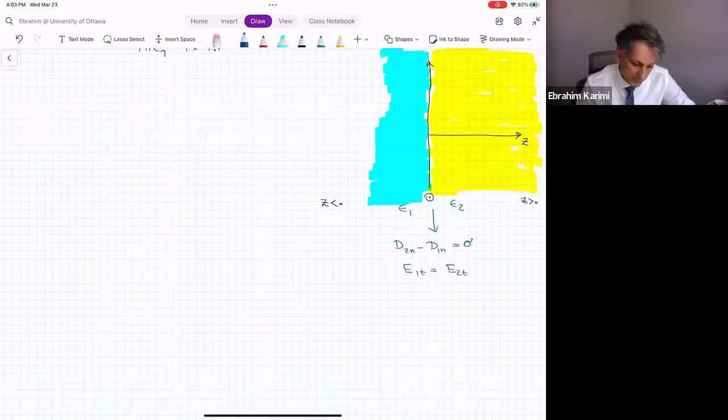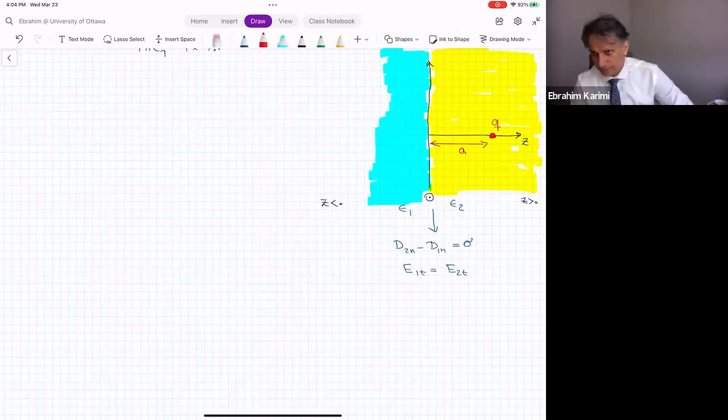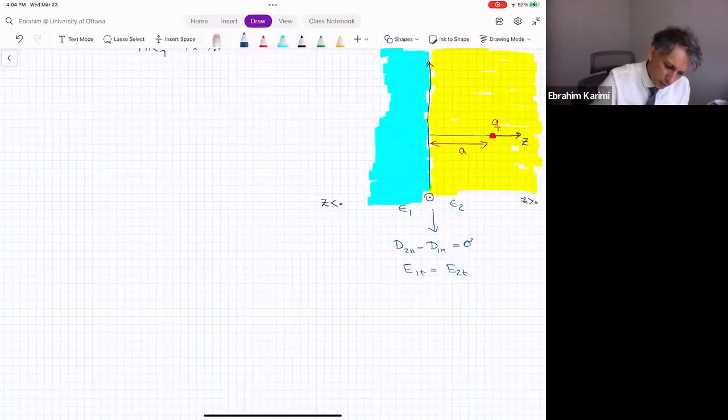That's for the boundary. Now, I'm placing a point charge Q at the distance of A. Now, we would like to do a little bit of mathematics and find out what is going on with the potential here and potential here.